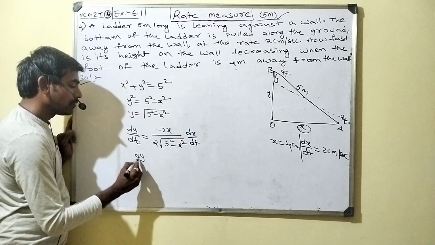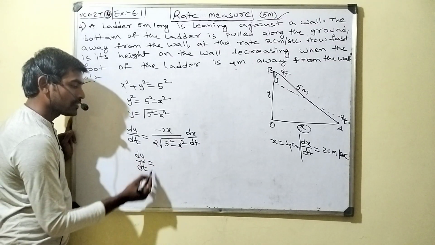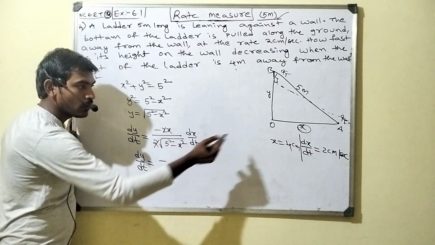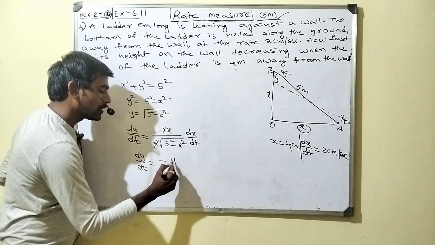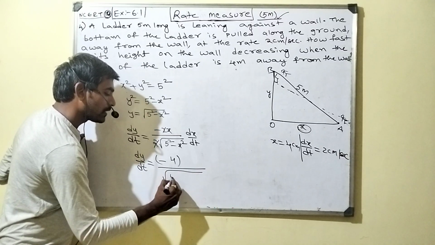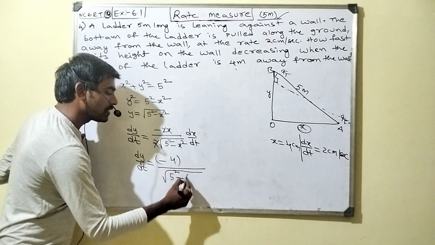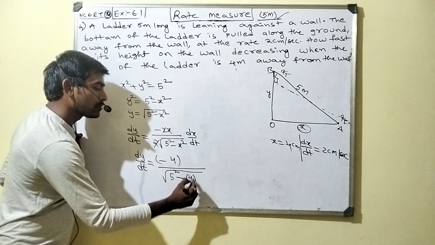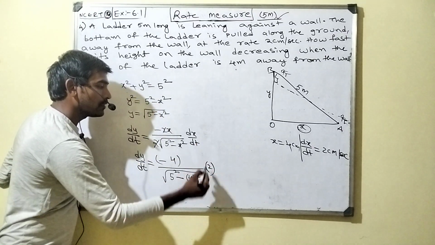So dy by dt equals, the 2 gets cancelled, minus the value of x, which is 4 centimeters, divided by root of 5 square minus 4 square, times dx by dt, which is 2.